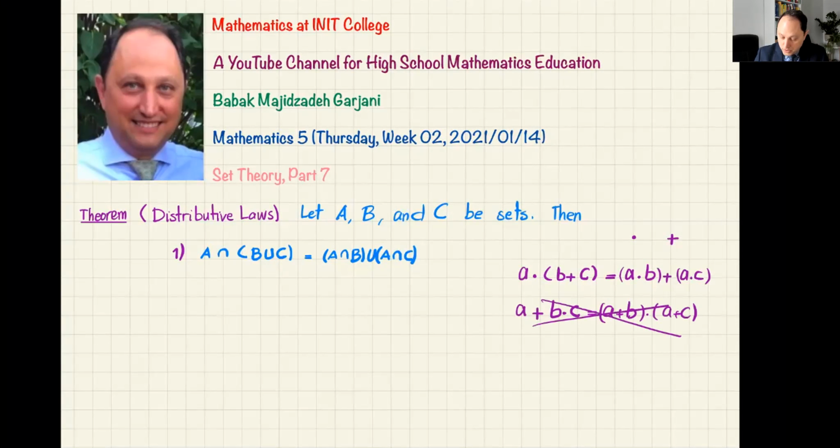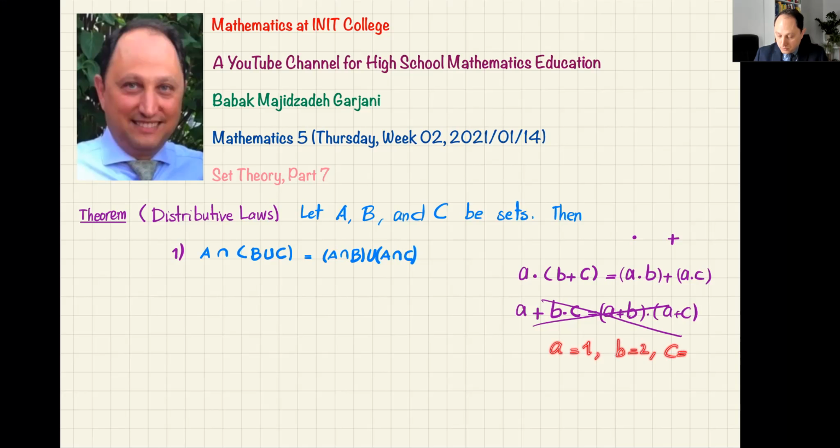So this shows that multiplication is distributive over addition, but addition is not distributive over multiplication, because if it was, then this formula should be correct. But it is easy to convince yourself that this formula is not correct. For example, you can choose A equal to 1, B equal to 2, C equal to 3.